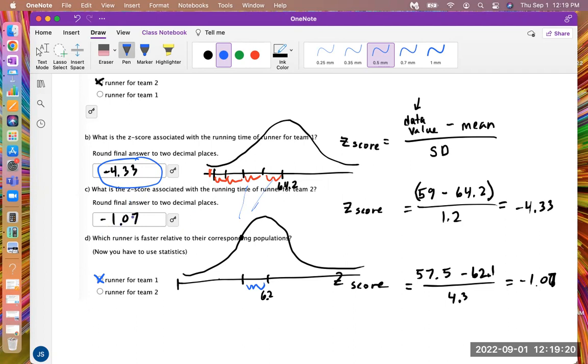But the way I like to think about it is to just look at it in absolute value: the one that has the larger z-score in absolute value is further from normal. In this case, they are really below normal. Because of the negative z-score, they're below the normal typical time. That means they're a faster runner.